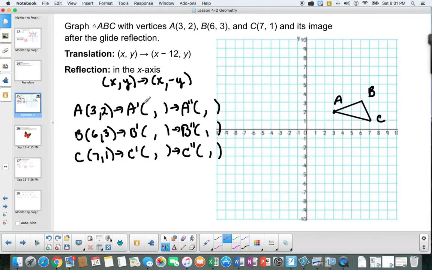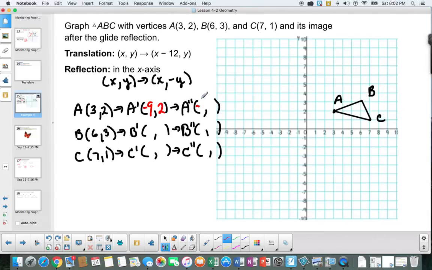So 3 minus 12 is negative 9, and I'm going to leave the same y coordinate, which is 2. And then I'm going to go through a reflection, and a reflection means I'm just changing the sign of the y coordinate because it's in the x-axis, so that's negative 2. So negative 9, negative 2 will be my A double prime.